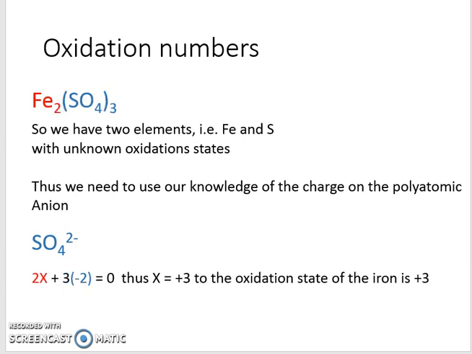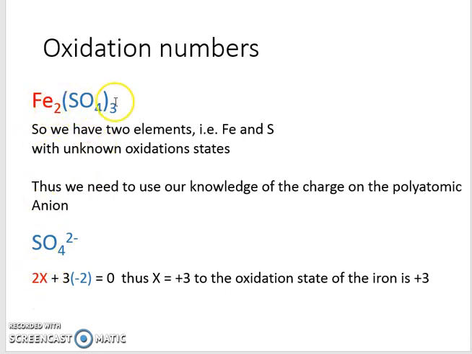This one is slightly more difficult because we now have 2 irons and 3 of these polyatomic anions. But once again, we have 2 elements with unknown oxidation states, the iron as well as the sulfur. Once again, we are going to use our knowledge of the charge of this polyatomic anion to solve the problem. We have 2 irons, so that's why it's 2x.